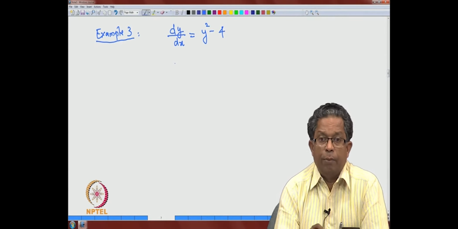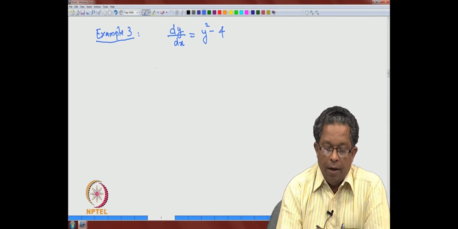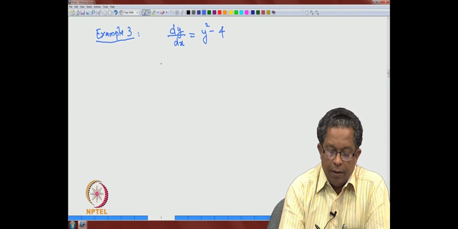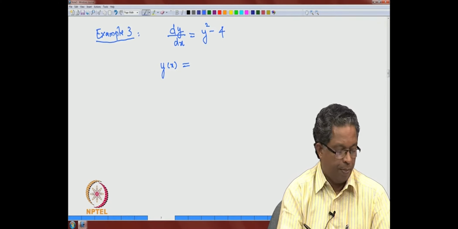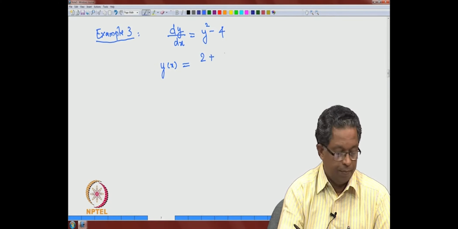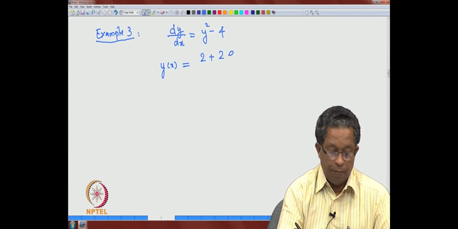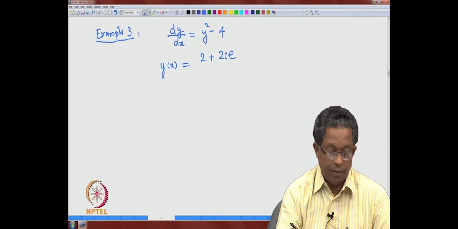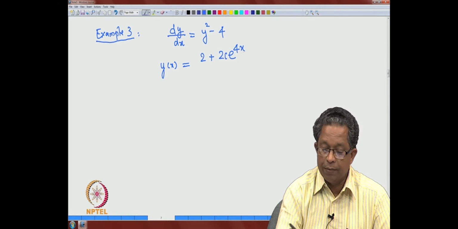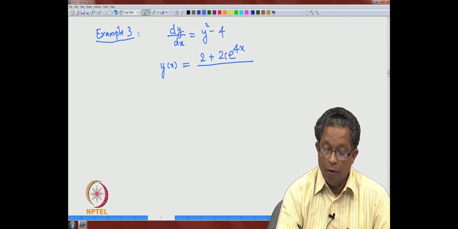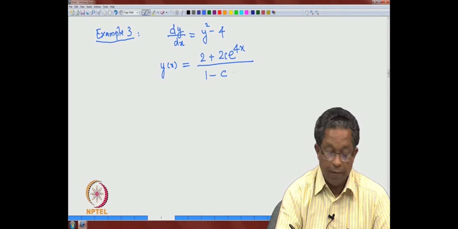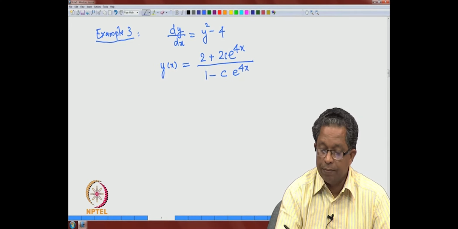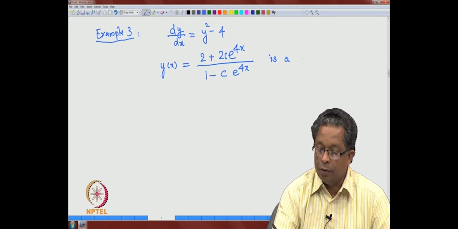Again, by the method of separation of variables, and you can integrate, and you can easily see that y(x) is equal to 2 times (1 plus c e to the power 4x) divided by (1 minus c e to the power 4x) is a general solution.